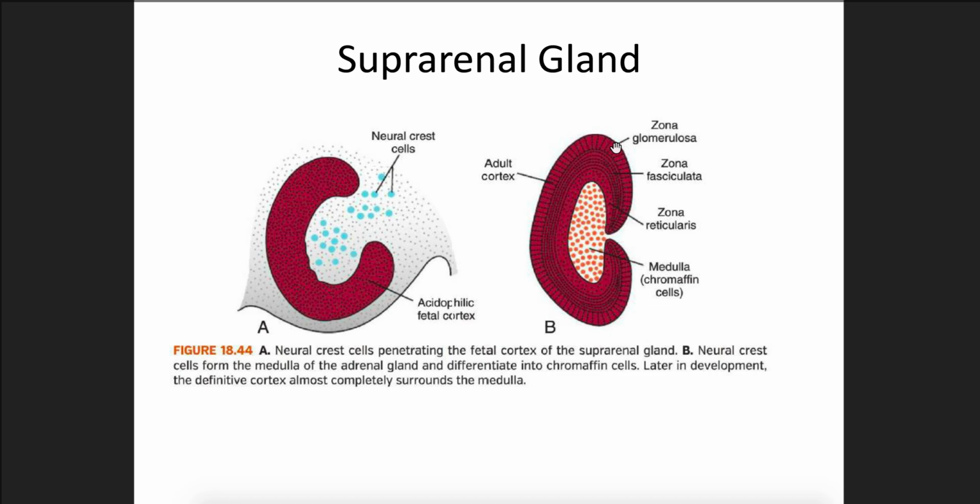And the adult cortex has three zones which you study in detail in histology. Now, to remember these zones from without inwards: GFR, zona glomerulosa, zona fasciculata, and zona reticularis.